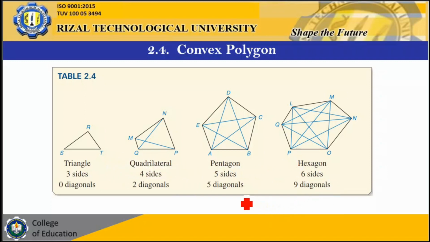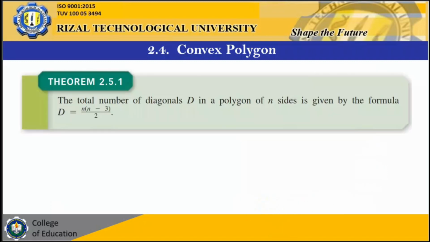So by using this theorem, our theorem is the total number of diagonals D in a polygon of n number of sides, that is n-gon, is given by the formula D is equal to n times n minus 3 all over 2. Actually we can prove this by using the concept of combination.